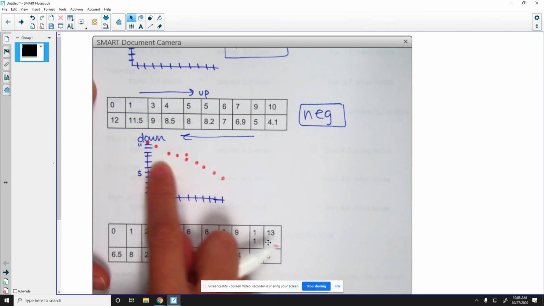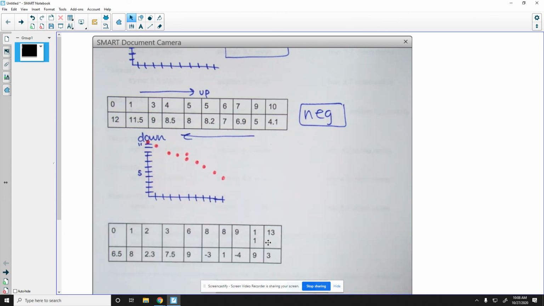So do you see how for the most part, my dots are going down? I mean, it literally took me 2 minutes, okay? It's not that much more time.